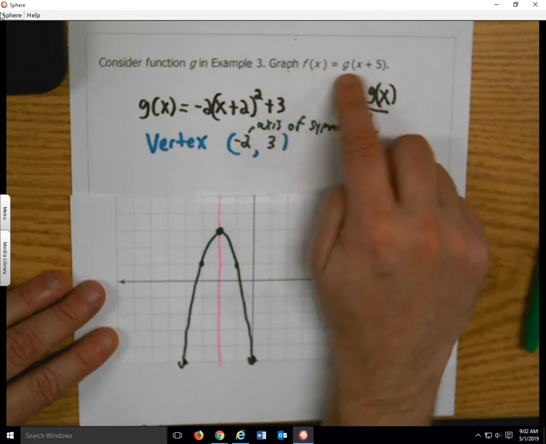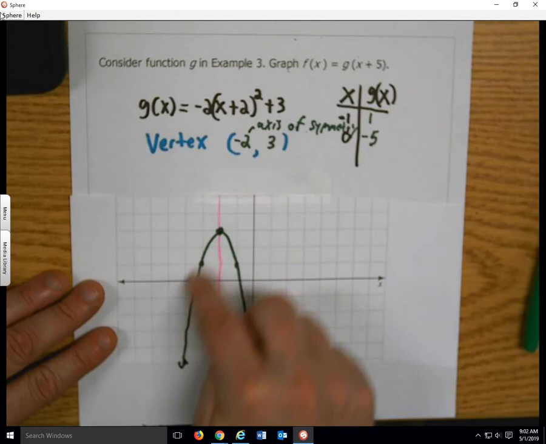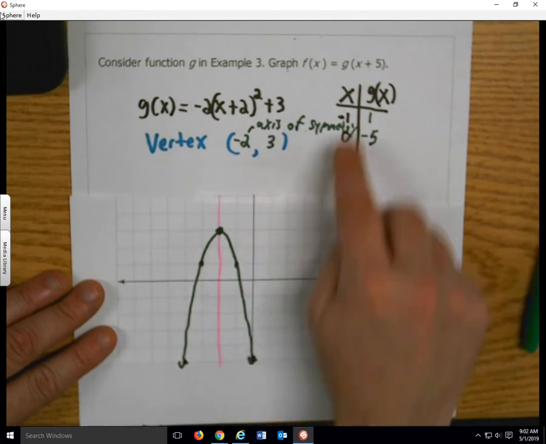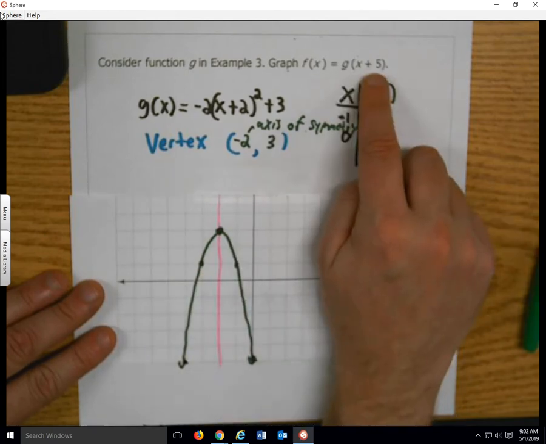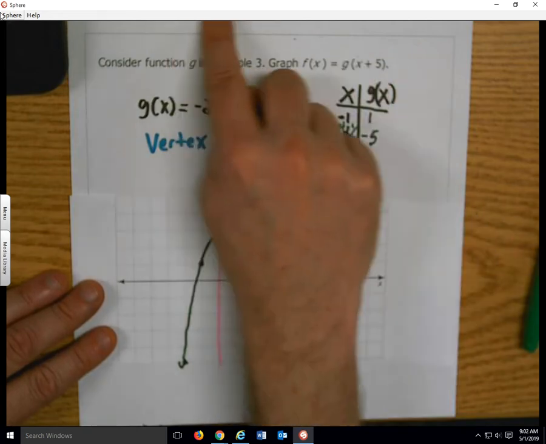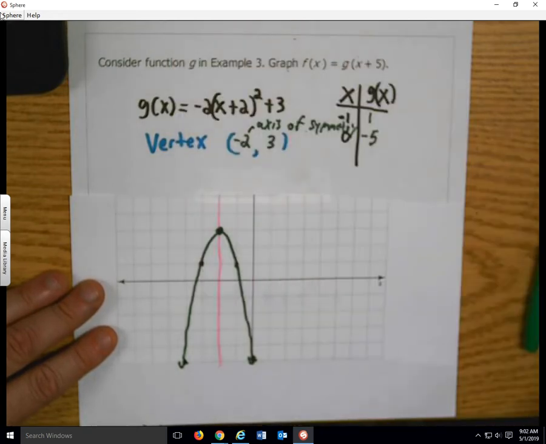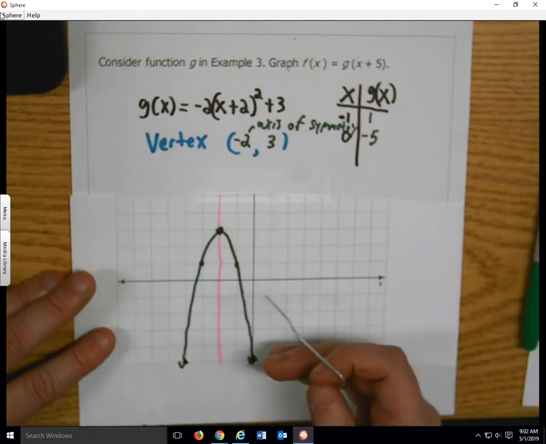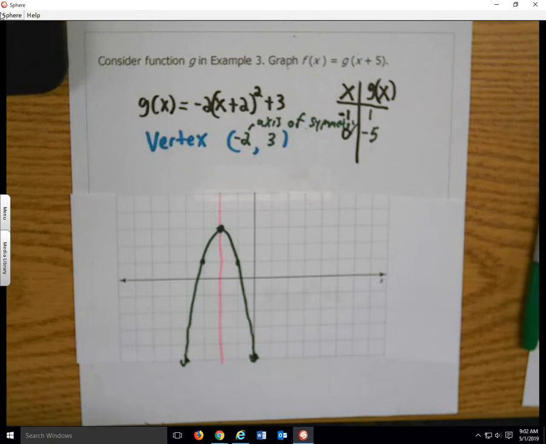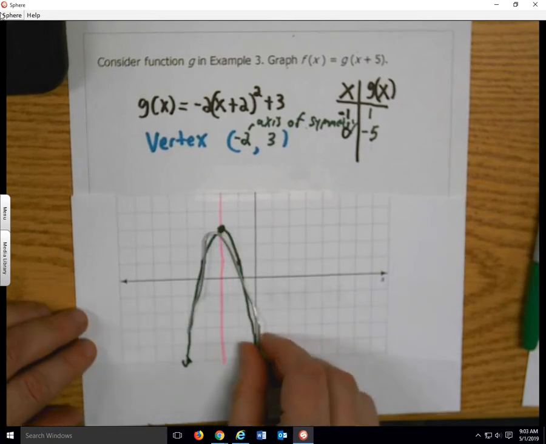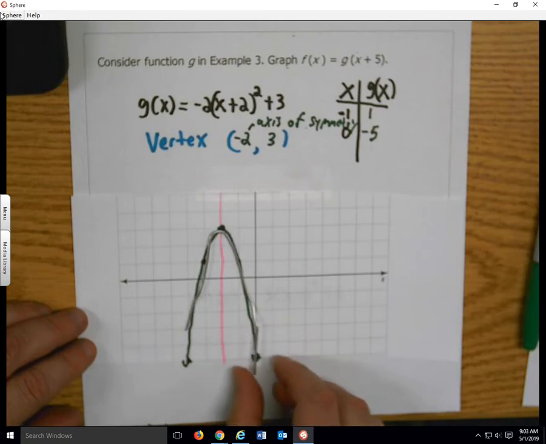Let's do the same g of x, but let's shift it over 5. And that shifting, that moving of it is called a transformation. It's transforming it. So all you have to do is take the same exact parabola that you've made, and move it over 5.